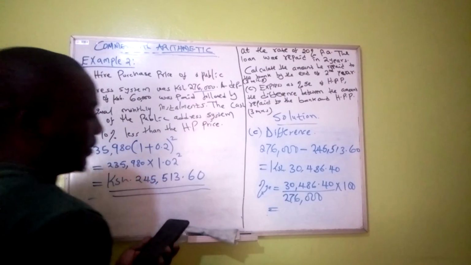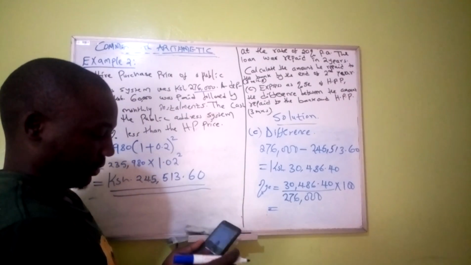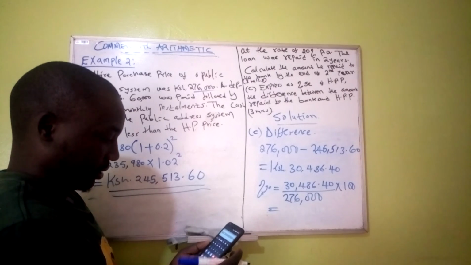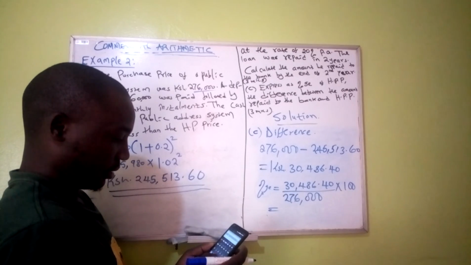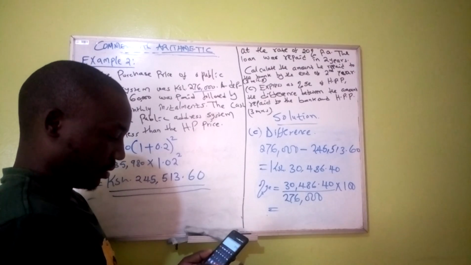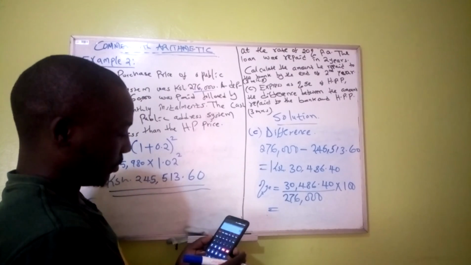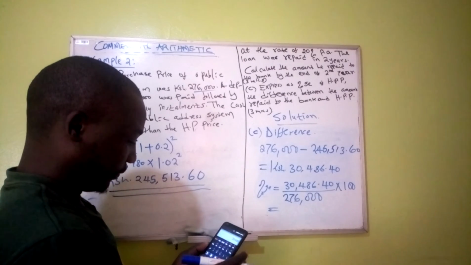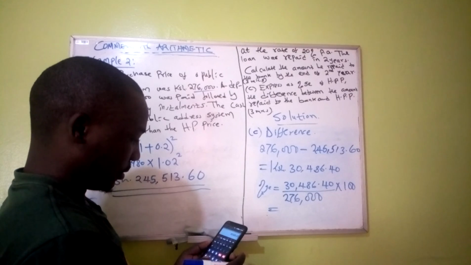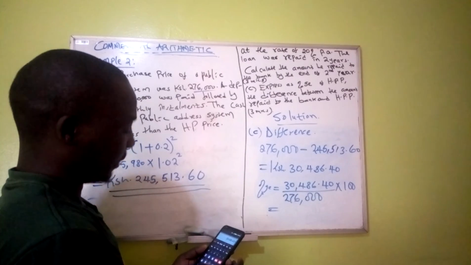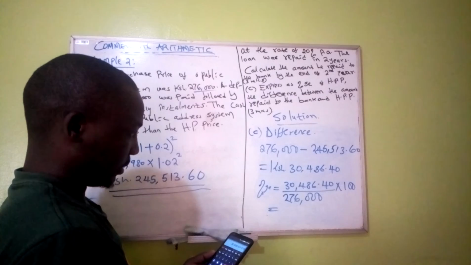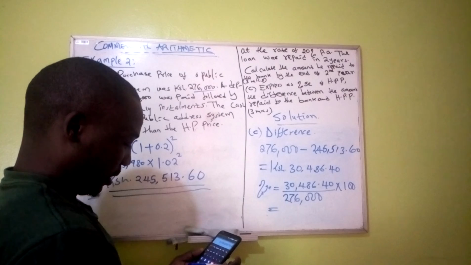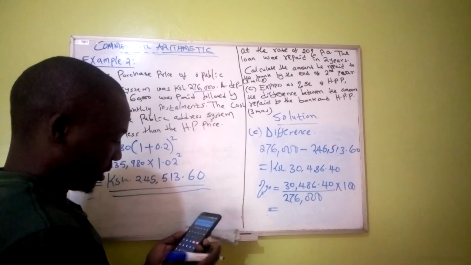This means we divide 30,486.40 by 276,000 times 100.